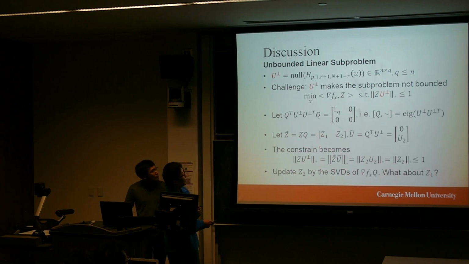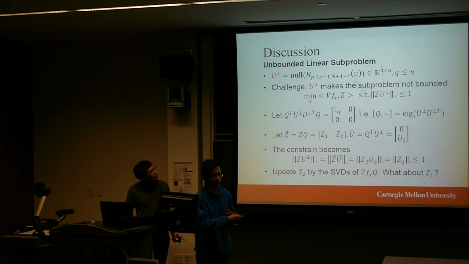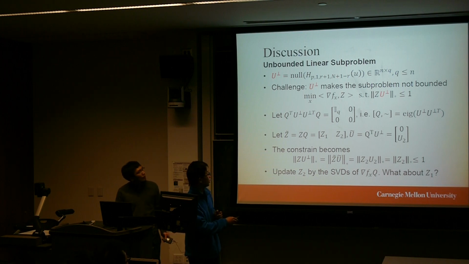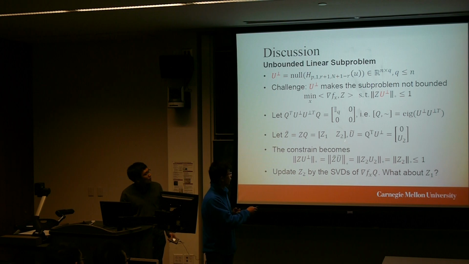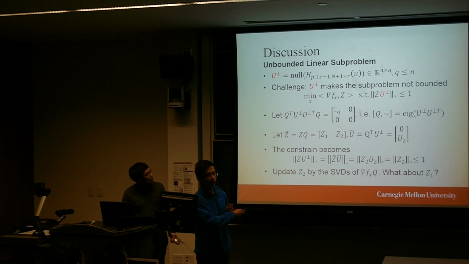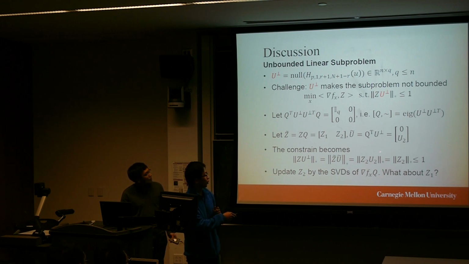To make it more clear, we can divide the matrix into blocks. In the algorithm that Adams has presented, we can calculate the gradient, and we can calculate the z here by the leading singular value decomposition of the gradient.